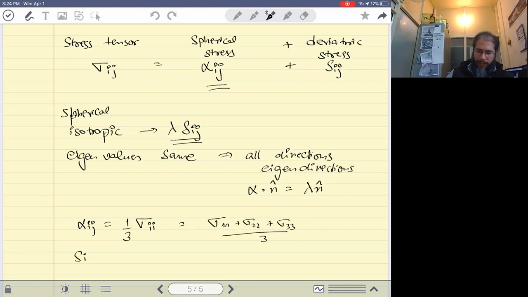Okay, and we define Sij as sigma ij minus 1/3 sigma kk, so yeah, this has to be multiplied by delta. Since I'm already using delta, index i in delta, I should use some other index. So I call it kk in this case.